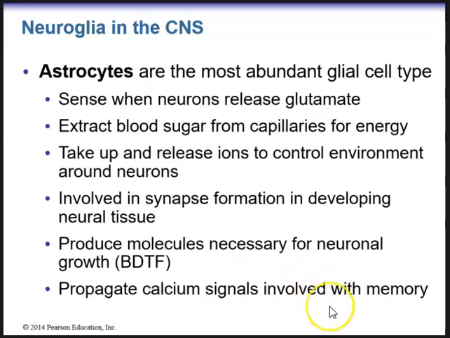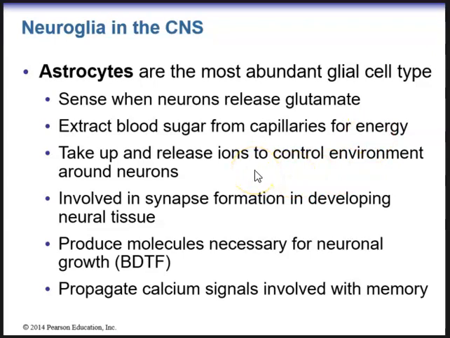So the first neuroglial cell we'll talk about are astrocytes. Astrocytes are the most abundant glial cell type. They can sense when neurons release the neurotransmitter glutamate. They extract blood sugar from capillaries for energy. They take up and release ions to help control the environment around the neurons.